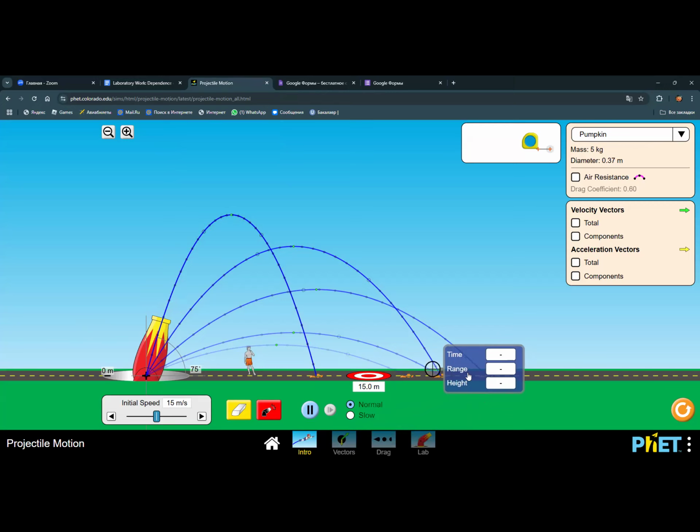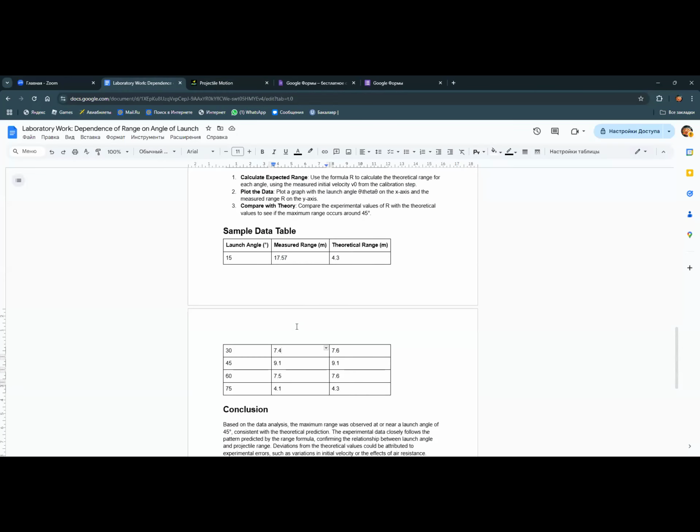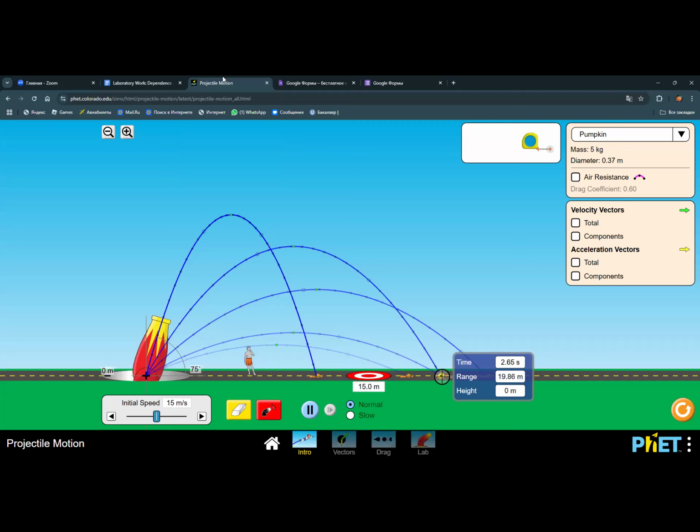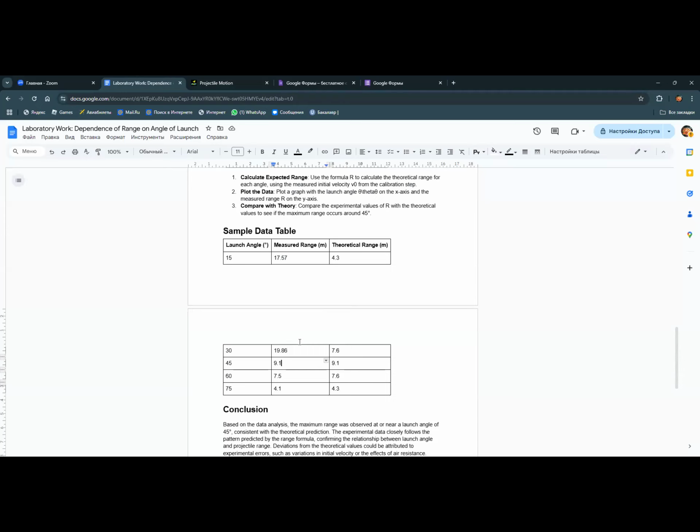So the distance of the projectile at 30 degrees is 19.86 meters. We need to put this information in our table. Then the range of the projectile at 45 degrees is the maximum range, which is 22.94 meters.